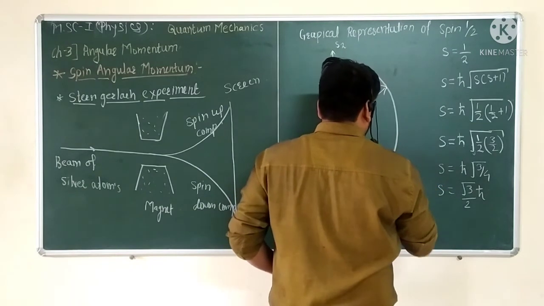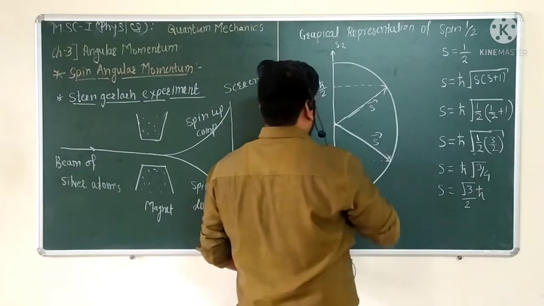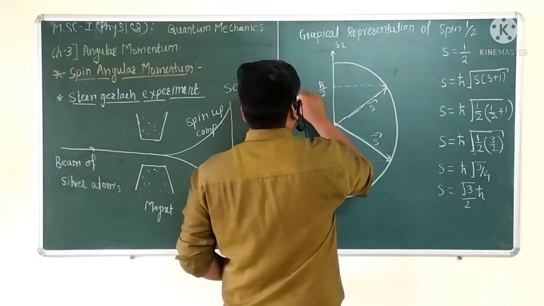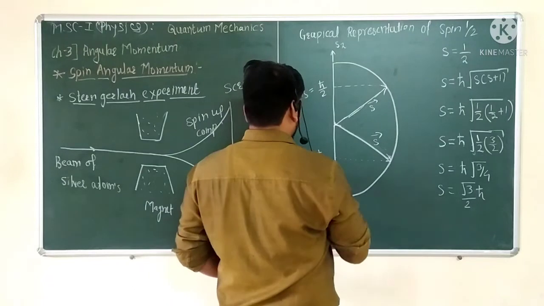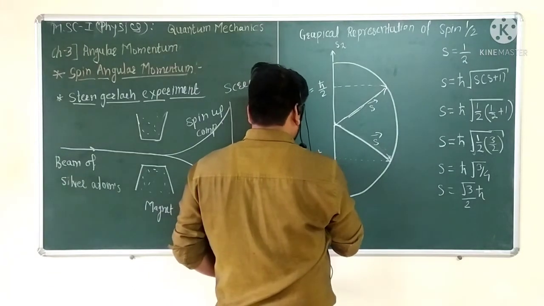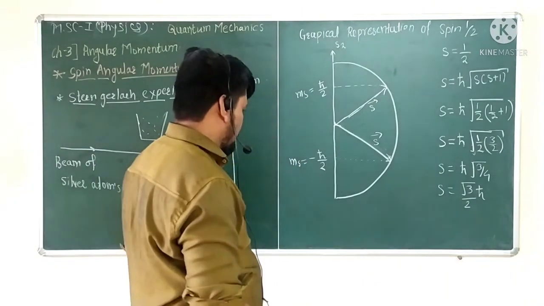Okay. So that is nothing but the S bar, and this is nothing but the m_s value, so m_s is equal to ħ by 2 and m_s is equal to minus ħ by 2.